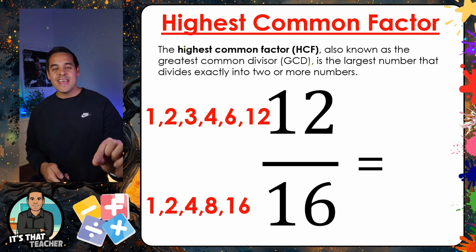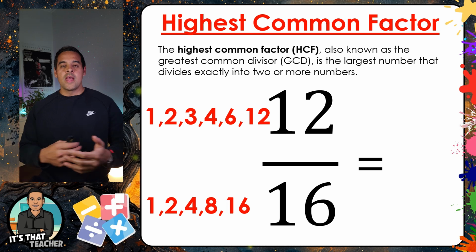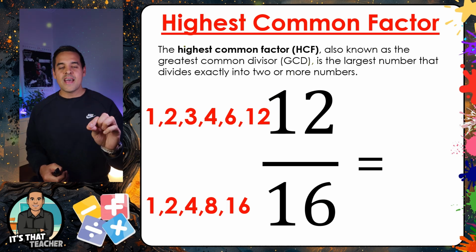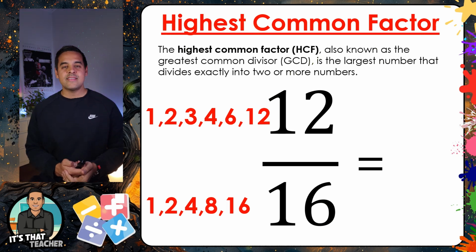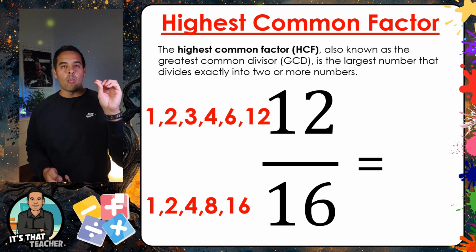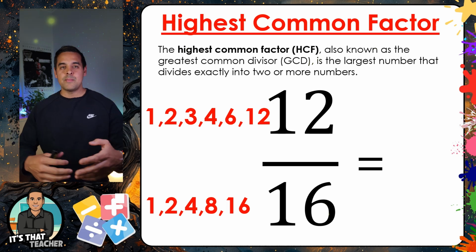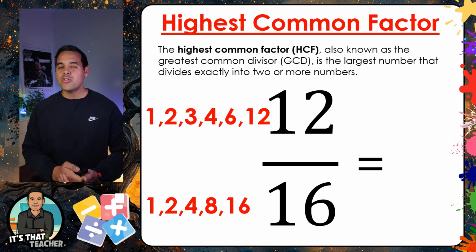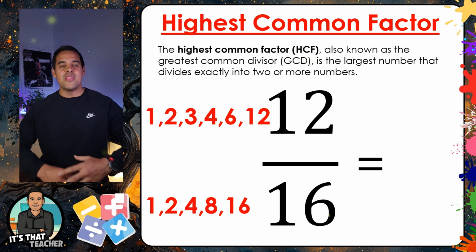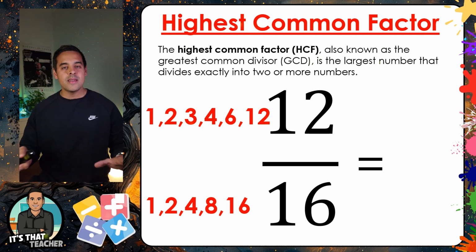The next thing we need to do is identify what common factors we have. As you can see here, both numbers can be divided by 1, both numbers can be divided by 2, and both numbers can be divided by 4. There are no other common factors.